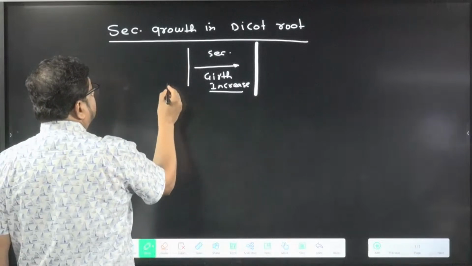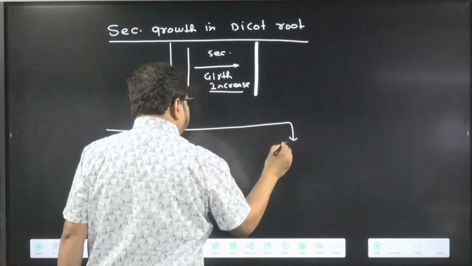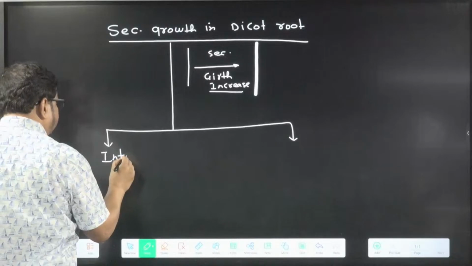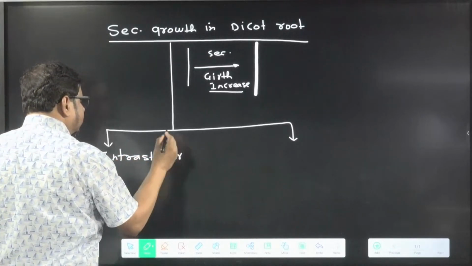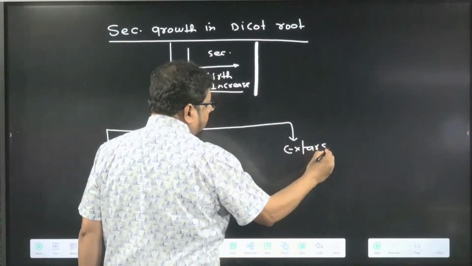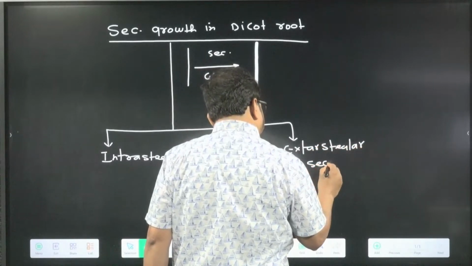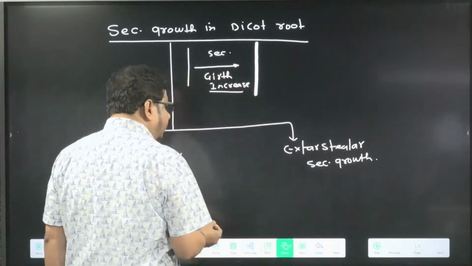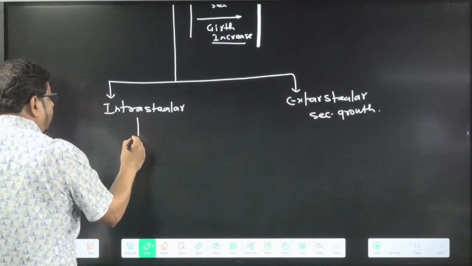If you talk about secondary growth, it occurs in two regions in dicot stem. One is intrastellar secondary growth, another is extrastellar secondary growth. Two types of secondary growth we are finding. Intrastellar means what?